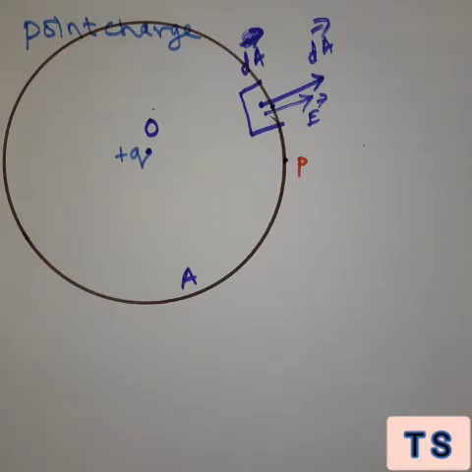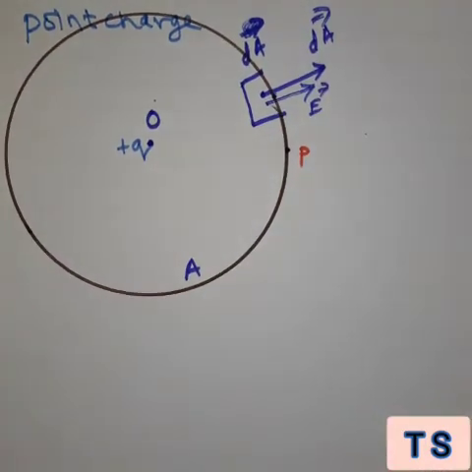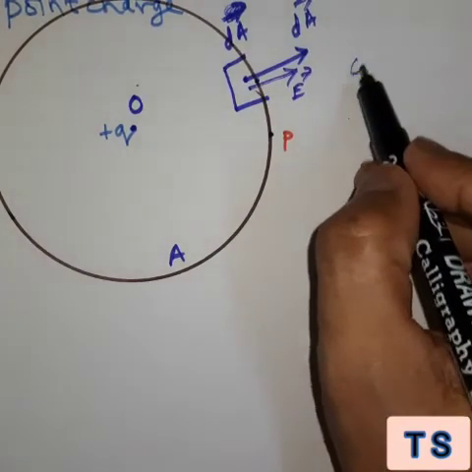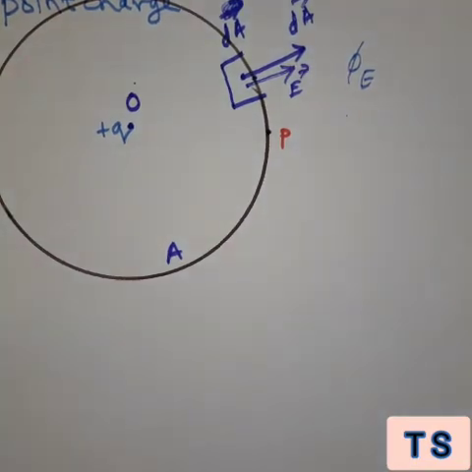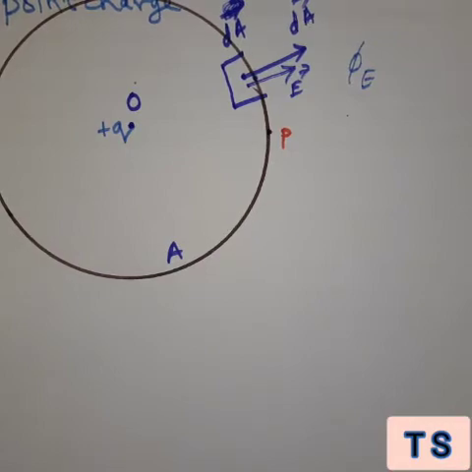In all these derivations, the basic thing is that we first find the value of phi E. Whatever we have learned so far, phi E is equal to E bar dot dA bar, or E dA cos theta, that we do first, and then we apply the Gauss theorem for phi E. Equate both of them, you get the answer.